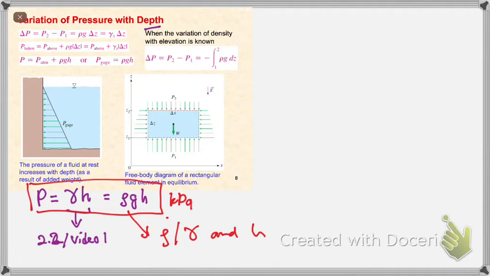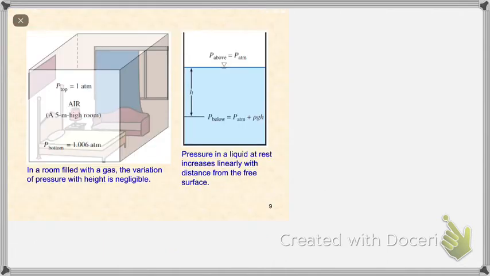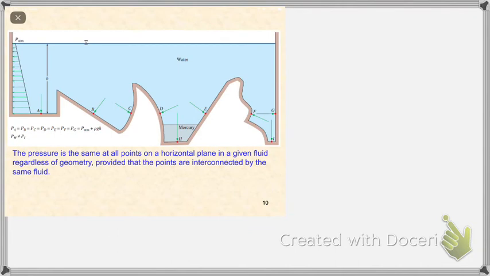That's why pressure varies with the depth and also varies with the density. What does that mean? Okay, we go with this diagram. For example, the blue color is water, and down there you have mercury, the grey color. So you have two layers of liquid.